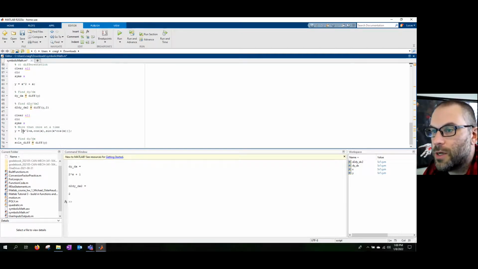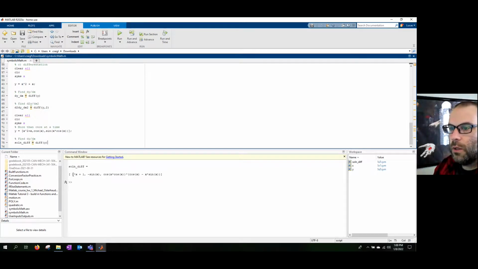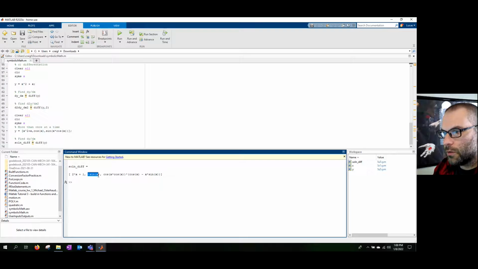I can put those in a matrix and do the differential of y, which is all of these, and you'll get each answer. It's a quicker way instead of writing multiple lines, and much more efficient.